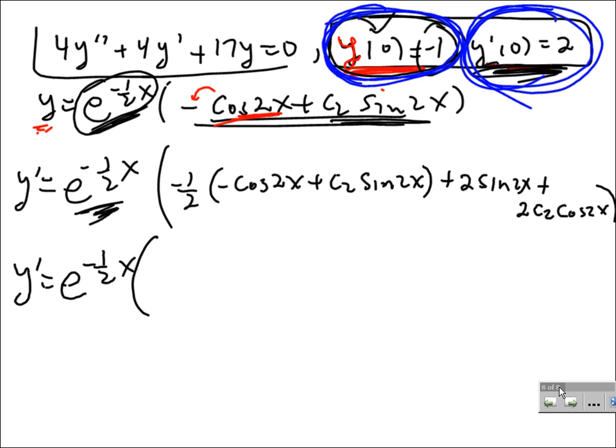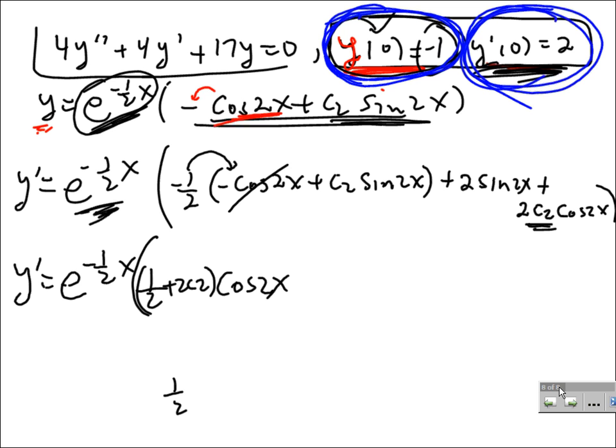Now, we have like terms floating around inside the brackets. How many cosine 2x's do we have, for example? Well, we have plus a half and 2c2 more. We have 1/2 plus 2c2. That's how many cosine 2x's we have.